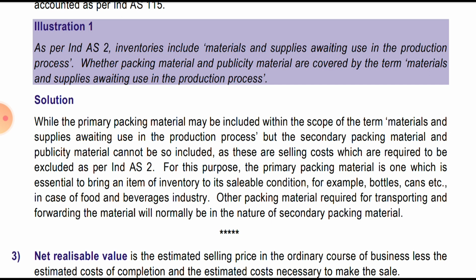In case of the foods and beverages industry, other packing material required for the transportation and forwarding of the material will normally be in the nature of secondary packing material. So what we have concluded is, if it is primary, it will be added, and secondary will not be added.